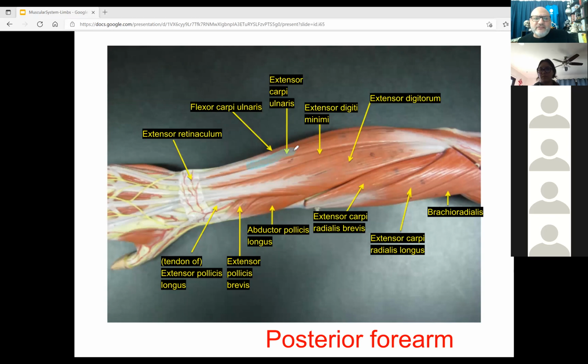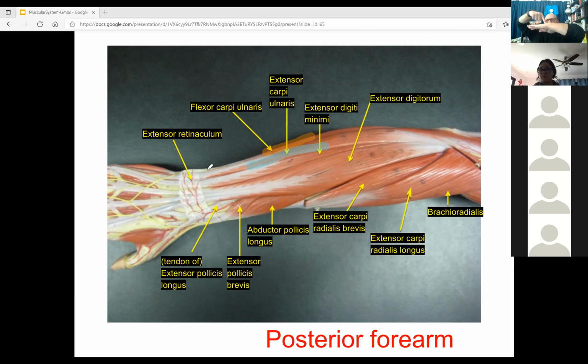Notice the extensor carpi ulnaris and the flexor carpi ulnaris are right next to each other on the posterior side of the arm. They're both on the pinky side, so they're both carpi ulnaris. But what makes one the flexor and the other the extensor is where their tendons go.